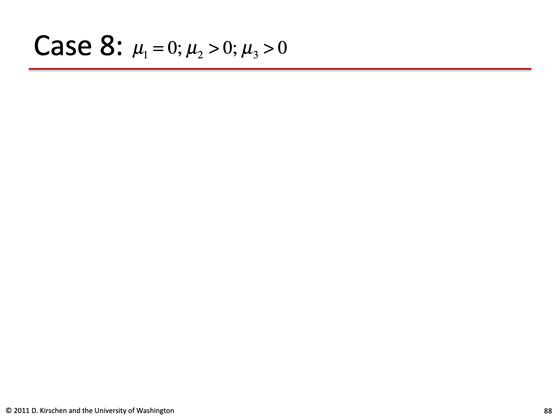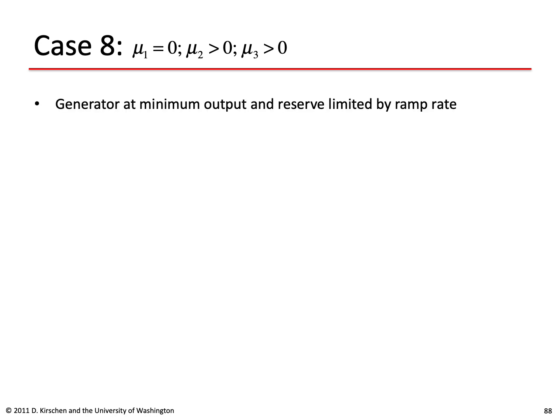In the final case, mu1 is equal to 0, and mu2 and mu3 are both positive. That means that we again have two binding inequality constraints, the minimum output constraint and the reserve limit constraint. So we have x1 equals Pmin and x2 equals Rmax.